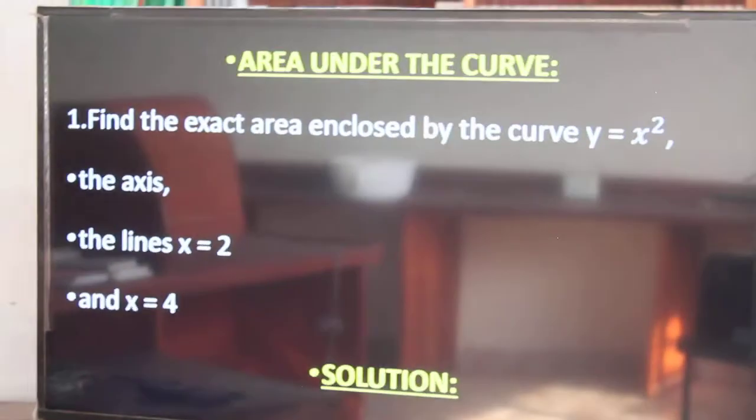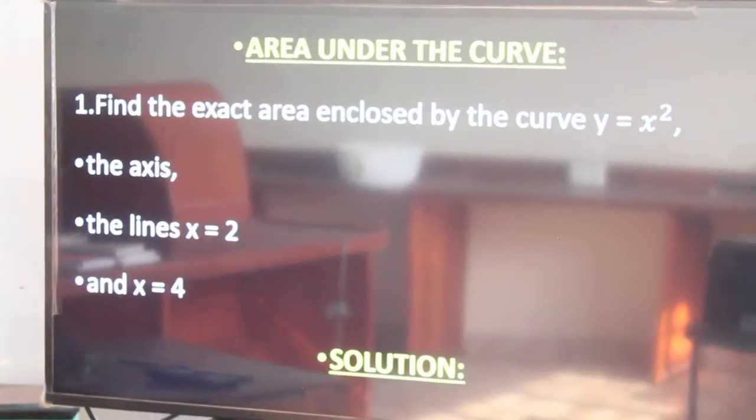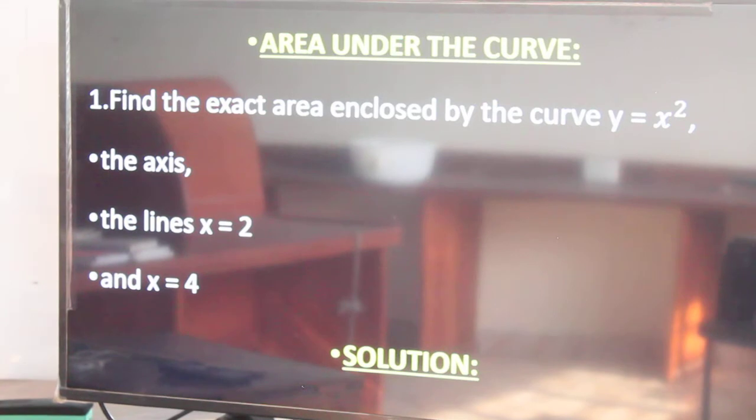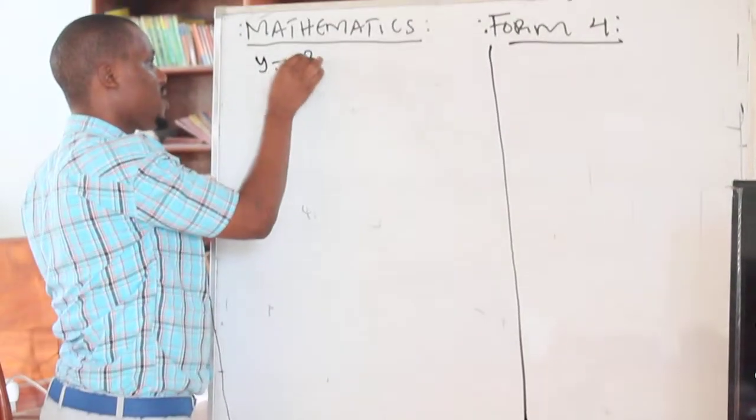In example number 1, you are told to find the exact area enclosed by a curve. The curve is given as y equals x squared.